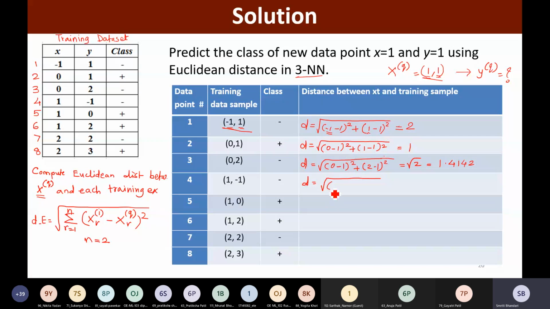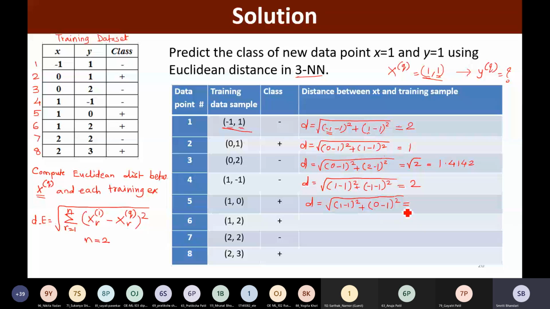Then square root of 1 minus 1 square plus -1 minus 1 square. So 1 minus 1 is 0. This is 4. So it comes out to be 2. Now for this, D equal to square root of 1 minus 1 square plus 0 minus 1 square.